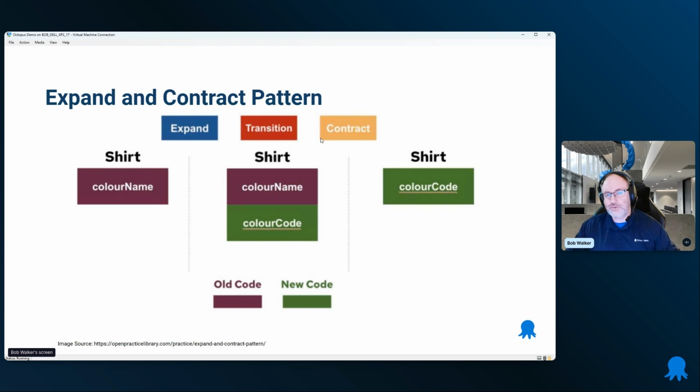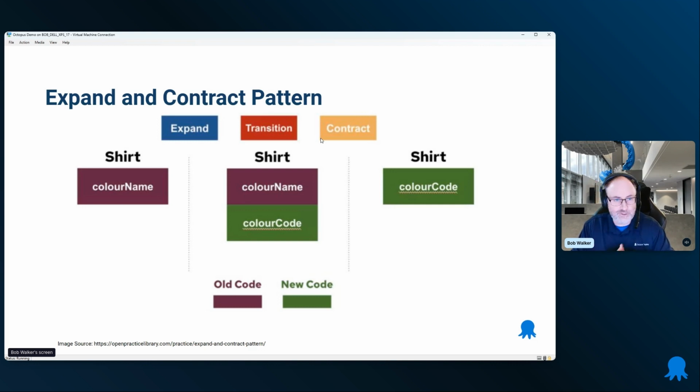But in order to do this, we have to change how we make our database changes, and we have to adopt a new pattern. If you're not familiar with this pattern, this is known as the expand and contract pattern. Imagine that we want to change a column name from colour name to colour code.